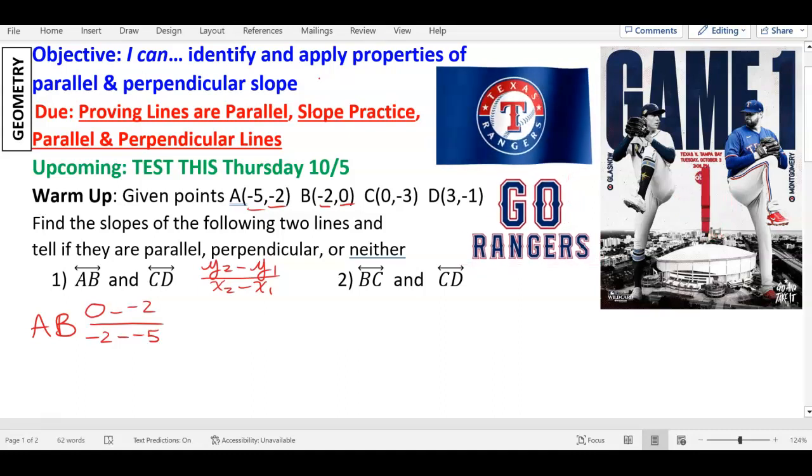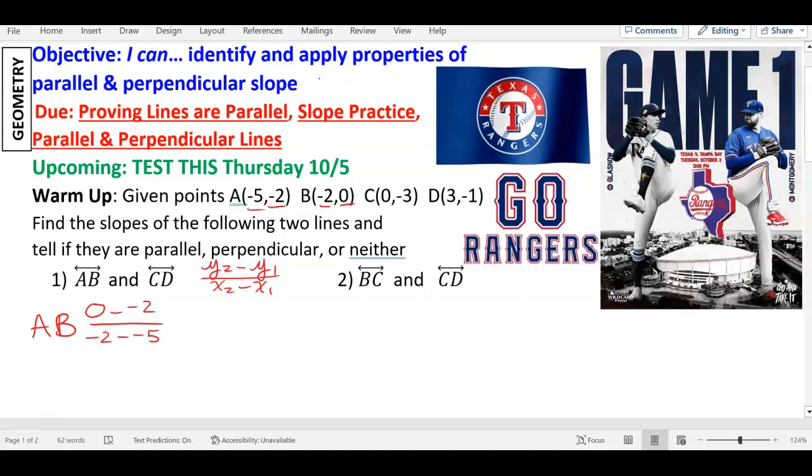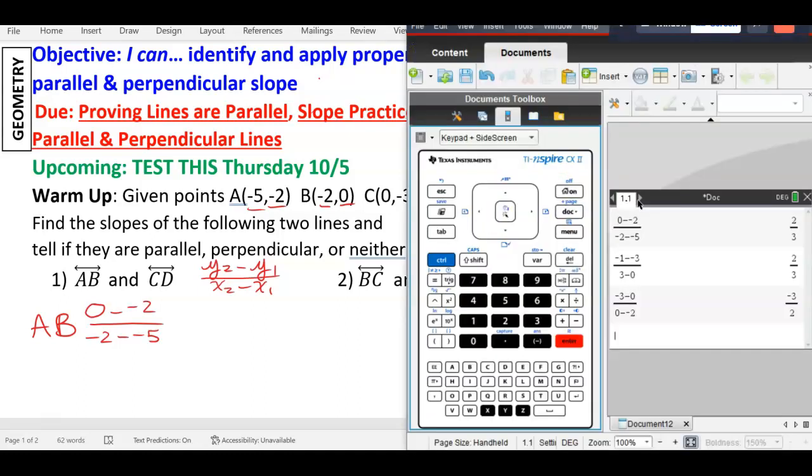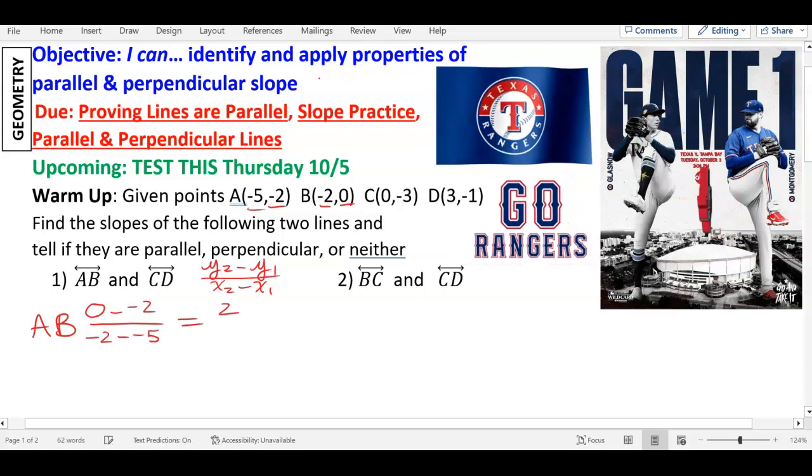Because then step 2 is, do you know how to type it in correctly? Turn it on, new document, press Control Enter, and type it in. Now look, I already have these on here. That first one, when I type it out, and I press Enter, I get 2/3. Okay? Are you able to type this in and get 2/3? Okay? I hope so. If not, I'll help you out. Let me know. So AB gives me 2/3.